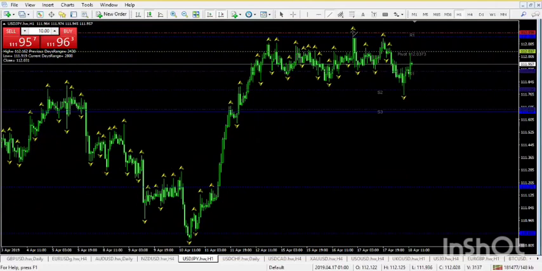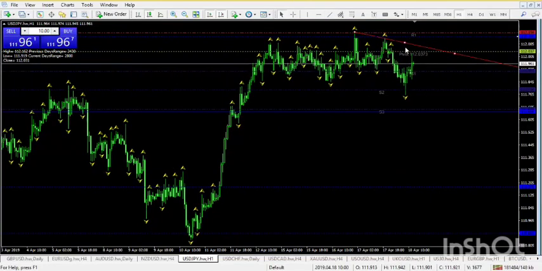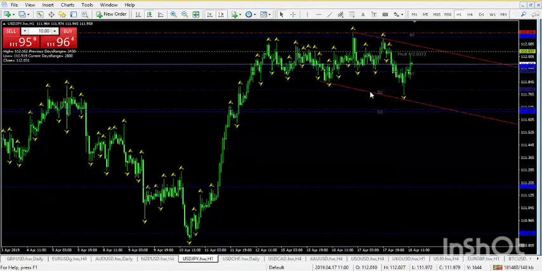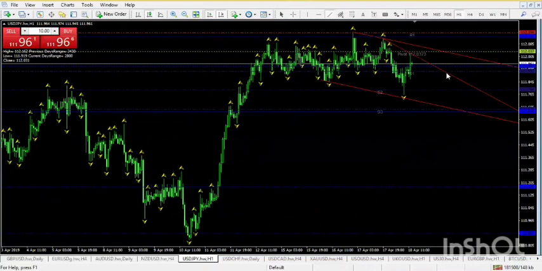So if I want to draw the trend line, here it would be this. This is the market at the moment. And the price is going to have fluctuations in this channel. If I want to draw it in the shorter time frames, it would be like this.